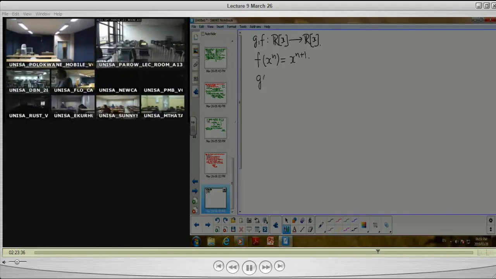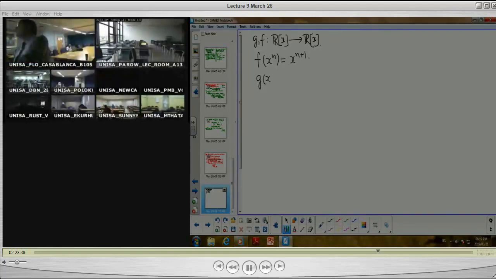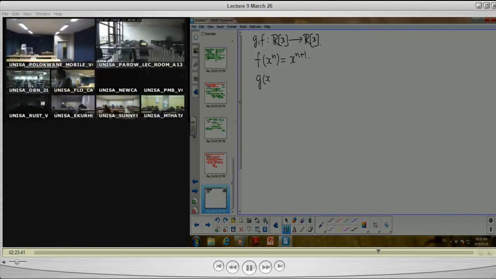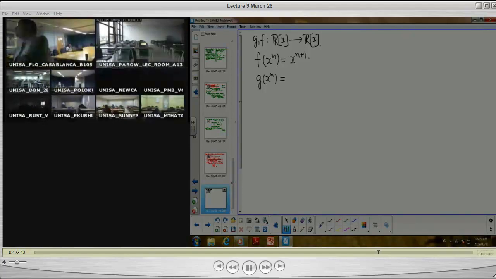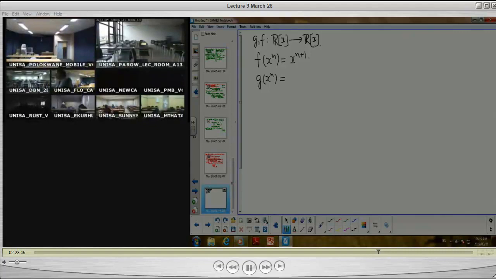And what is G of 1? If x to the power 0 is equal to 1, and x to the power negative 1 is understood to be 0.